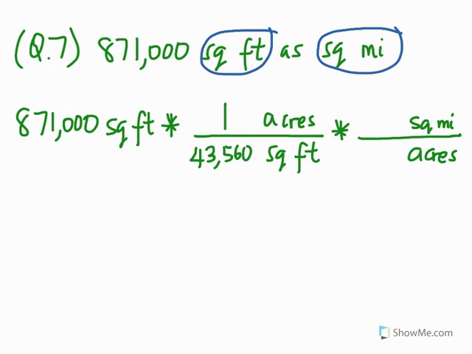And then you ask yourself, what is the relationship between acres and square miles? We see that 1 square mile is 640 acres. So on the square mile, you put 1, and on the acres, you put 640 acres. Then after writing this, you can cross out the square feet here, and cross out the acres here.